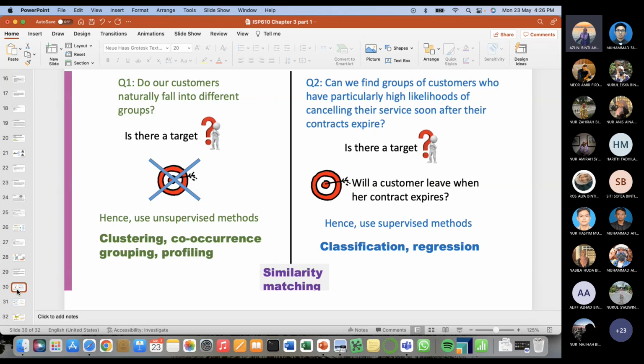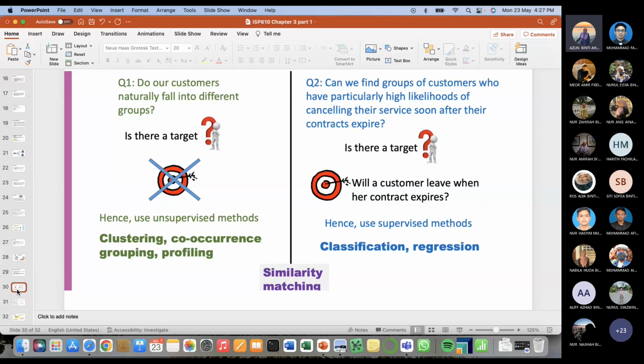Macam tadi kita kata kita nak tengok whether the customer will respond or will not respond to the offer. So kalau lah kata tak ada, you kata macam tak tahulah nak letak apa, berapa groups, and then tak tahu apa groups yang kita nak groupkan.